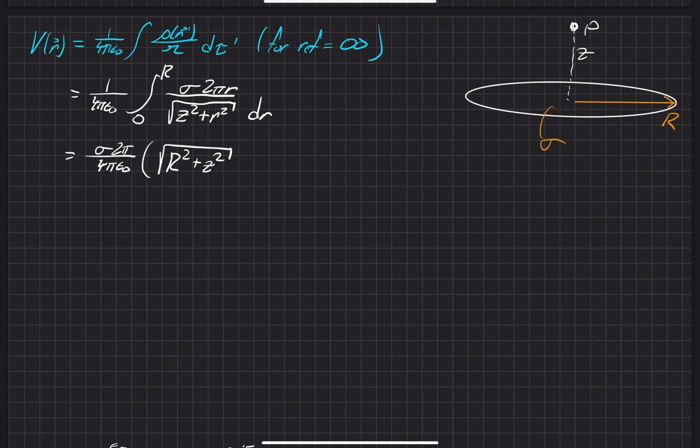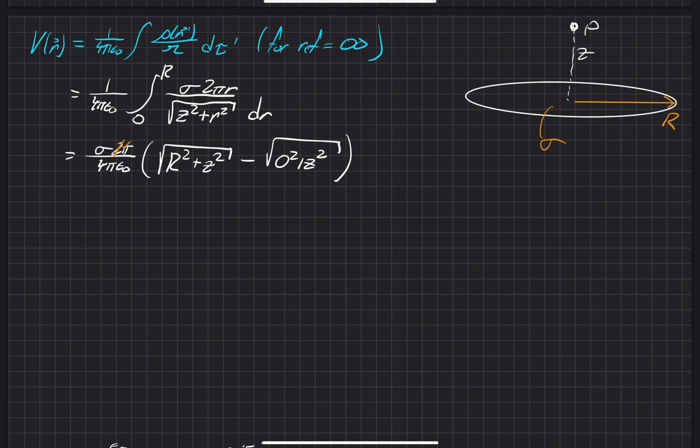It's just gonna be what's under the square root evaluated at the two limits. So from 0 to r, 0 being what I'm writing right now. I'm sorry, z squared. So yeah, evaluating from r squared to z squared, or 0 squared. Makes things a little bit easier.